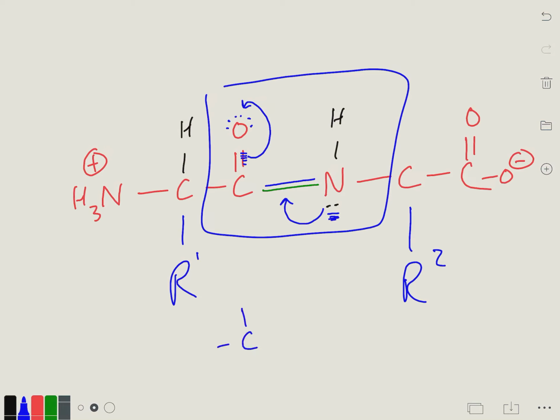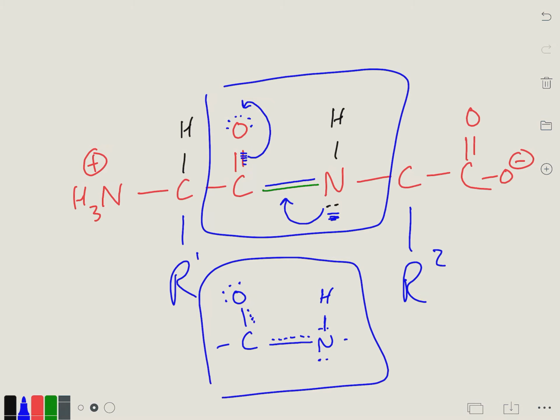Let's draw it like this. So what we actually have is a little bit of partial double bond character everywhere, because this thing is rapidly changing back and forth between double bond here, double bond here, double bond here. So now we've got double bond character everywhere. Okay, so that part's true already in this question.